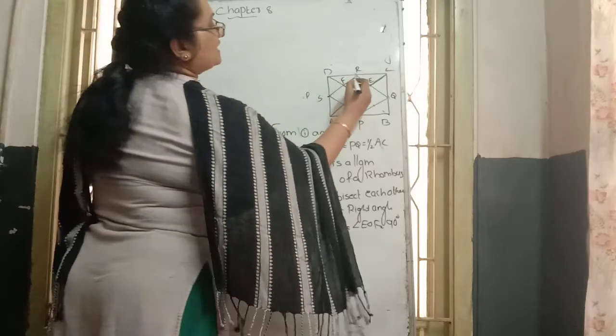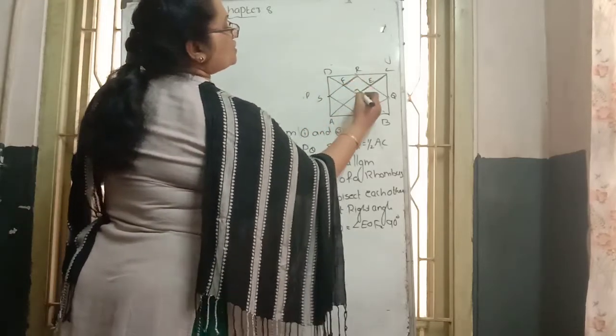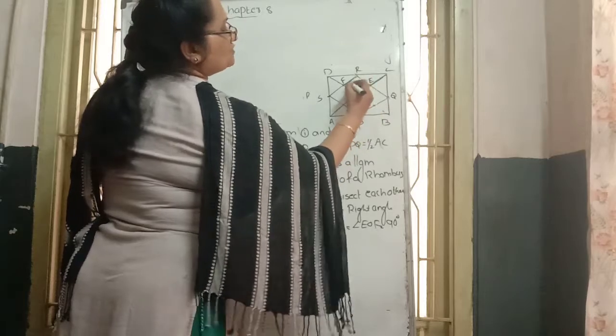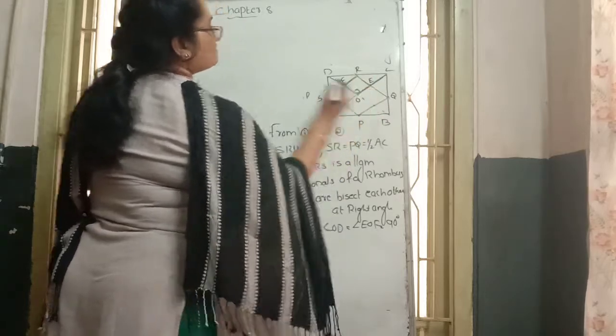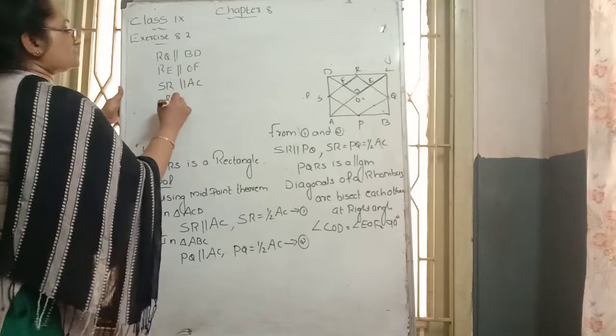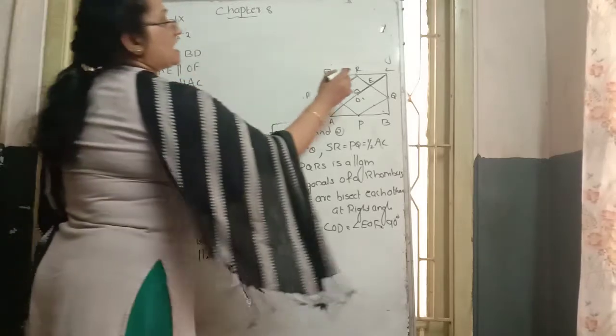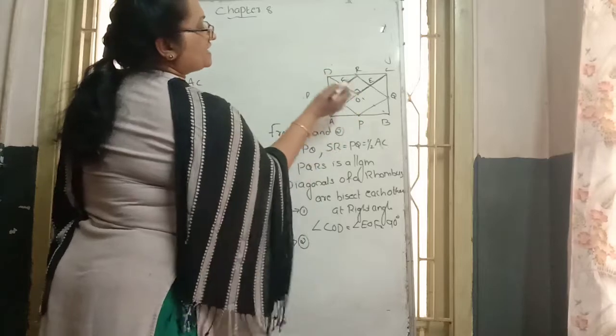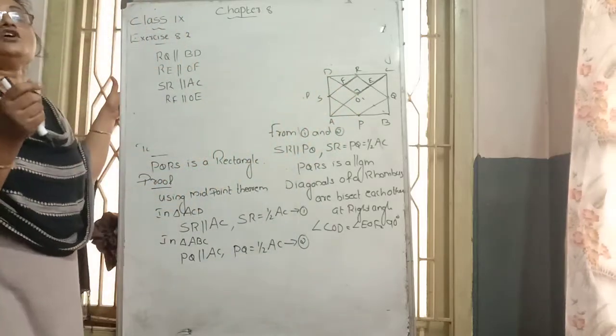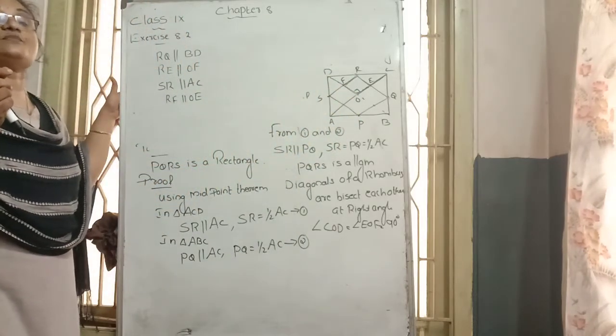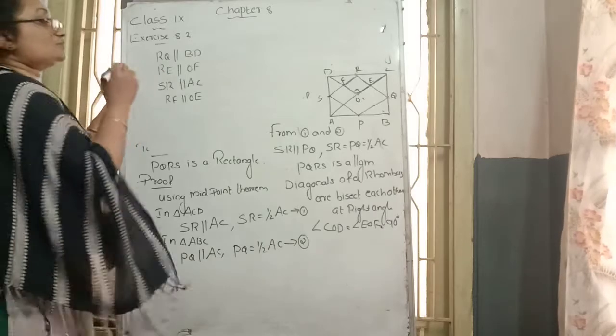In the same way, RF is also parallel, with respect to this small part. We can say RF is parallel to OE. What about RF and OE, and RE and OF? They are the opposite sides of which figure?